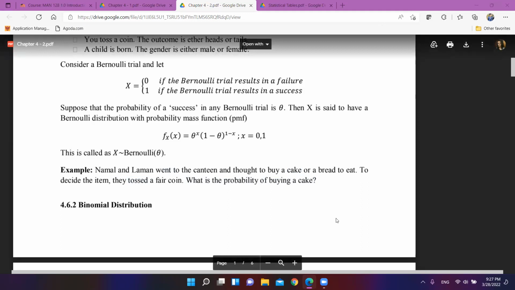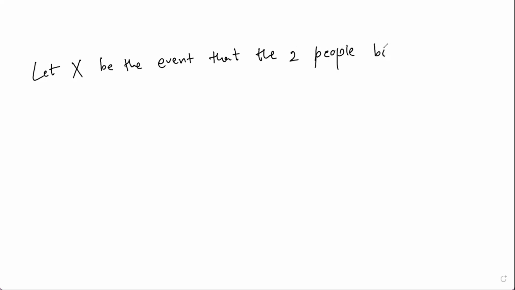Okay, first let's define the random variable. This is very easy. Okay, let X be the event that the two people buy a cake. Okay, since there is only two outcomes they can make, cake bread.